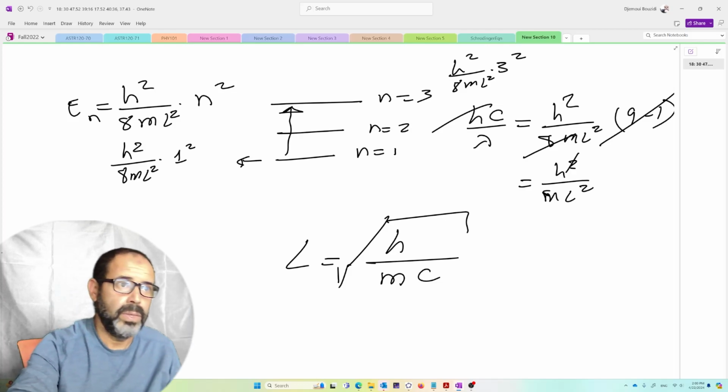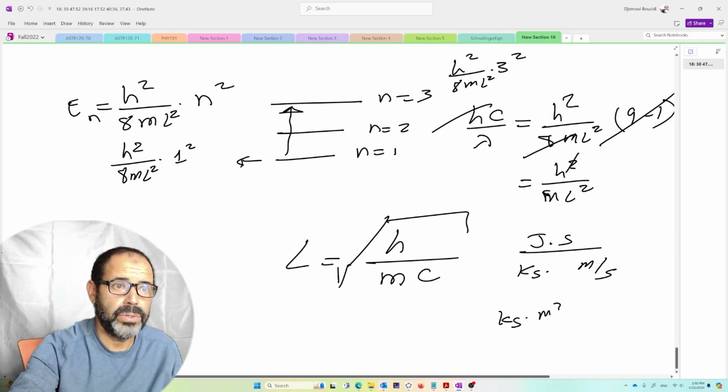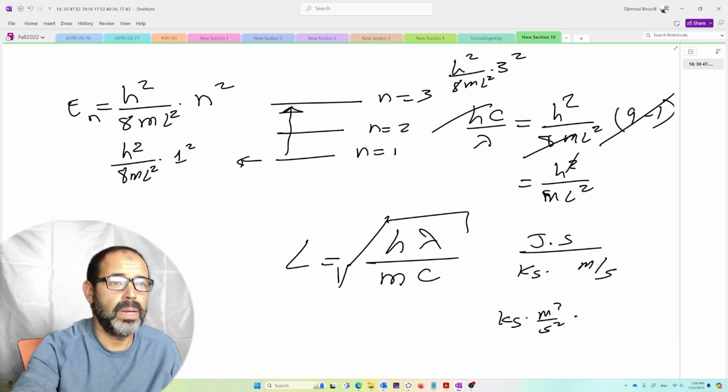Okay, let's check it. h is in joule second. m is in kilogram. Meter per second. Okay. Joule is kilogram meter squared per second squared. Oh, I'm missing the lambda. Okay, so I'm missing a meter in here. We have to multiply by lambda in here.